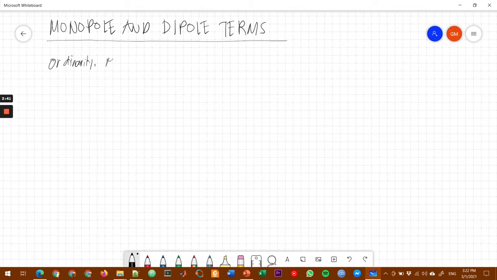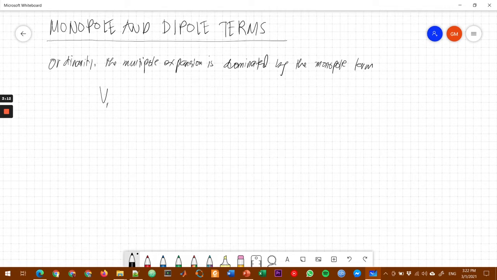Okay, so the multipole expansion is dominated. The rest kay pwede siya ma-neglect, okay? Or ma-crush out sa equation. So we have the potential for the monopole term.